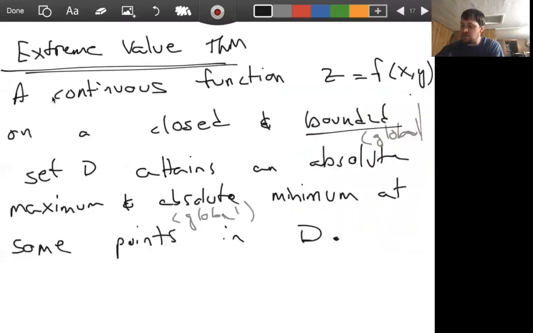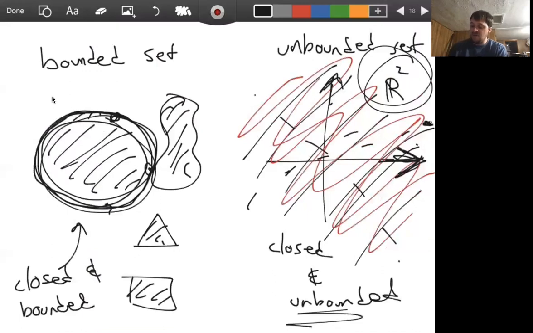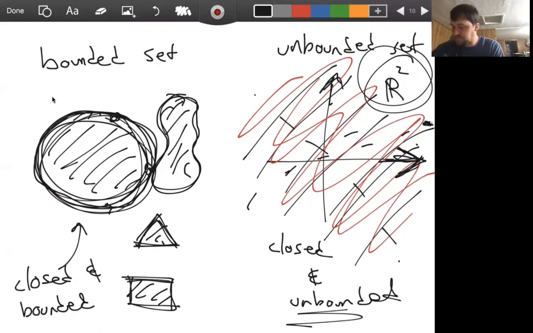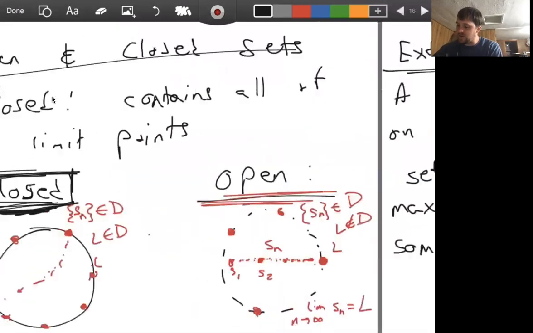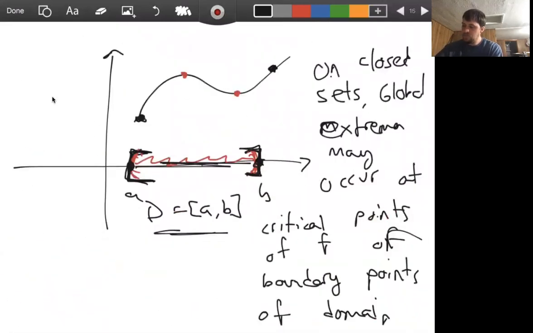And so the extreme value theorem says that if you're looking at a function over a closed and bounded domain, then it must attain a maximum and a minimum. And again, we've already discussed where global extrema may occur, and this is true for the multivariable setting as well.